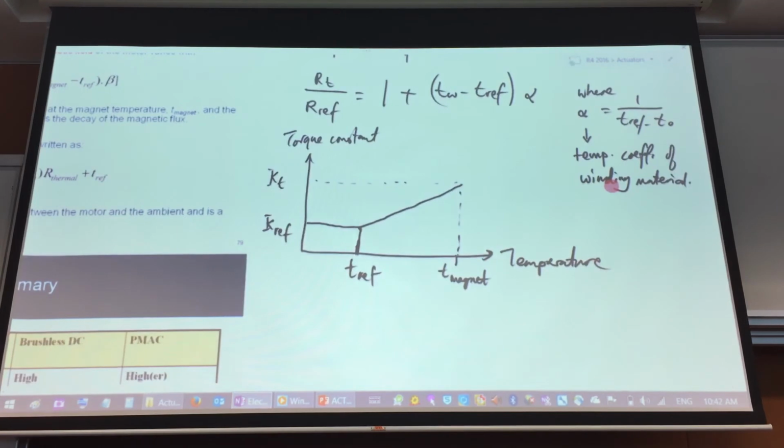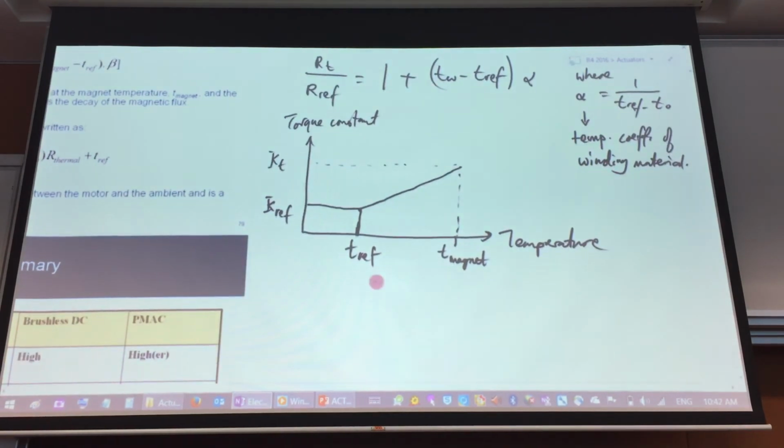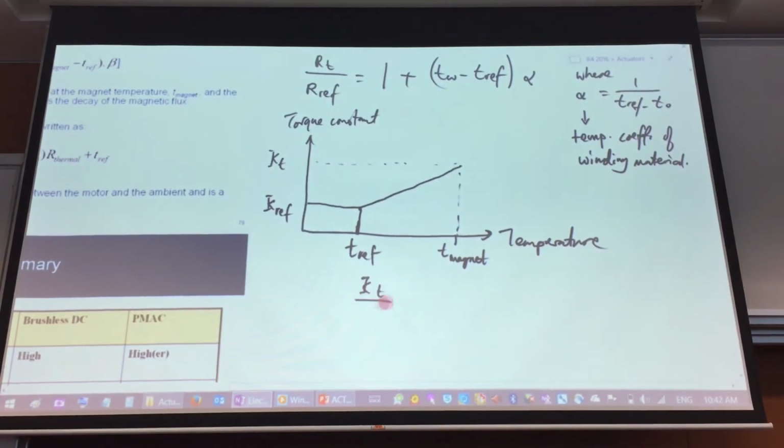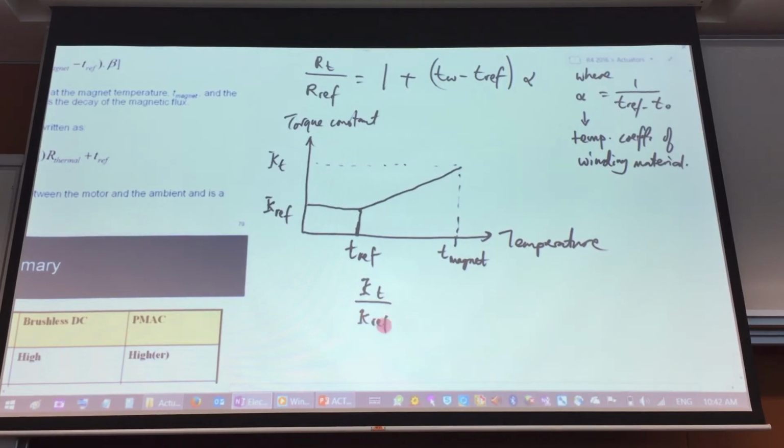So I'm going to use the same ratio, that is KT divided by Krad equal to T magnet minus T naught divided by Trad minus T naught.